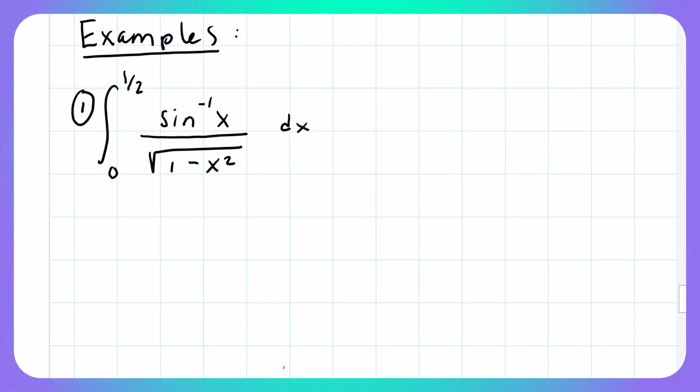We've got the integral from 0 to 1/2 of inverse sine of x over the square root of 1 minus x squared dx. And we want to find our u to start off with. We're looking at this, thinking that's definitely not a basic integral strategy, but I do see this inverse sine of x. Let's rewrite this so that we can look at this in one other way.